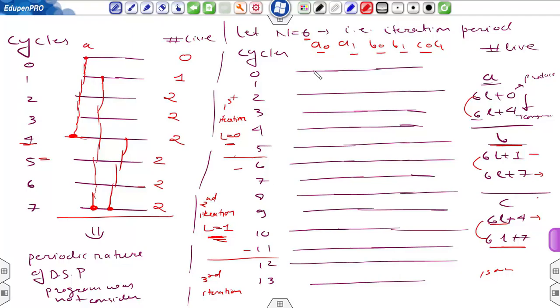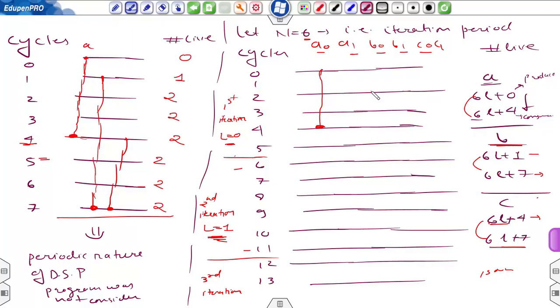And now we have to calculate the lifetimes of these 6 variables based on this formula. So starting with A0, for A0 L will be 0, so it will start at 0th cycle and it will get consumed at 4th cycle, from 0 to 4. Okay, so this dot represents that the variable is consumed now.